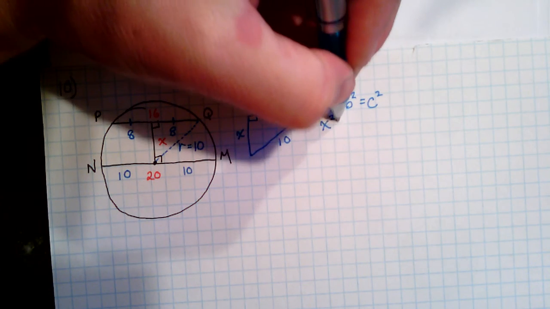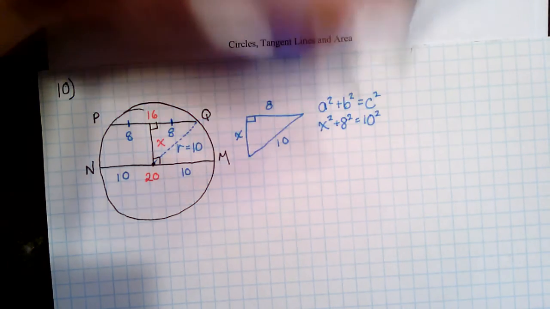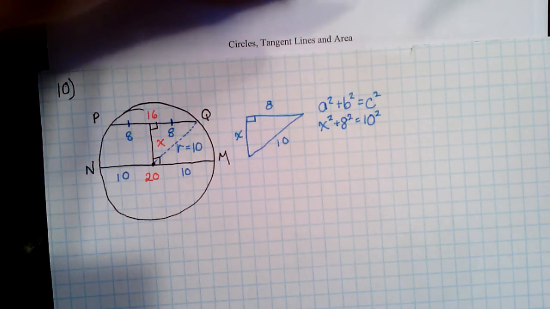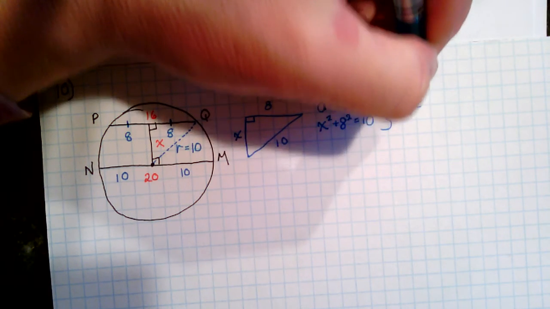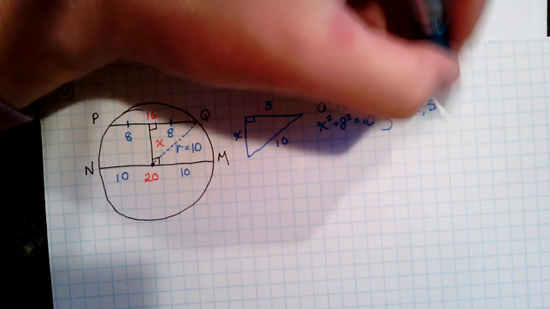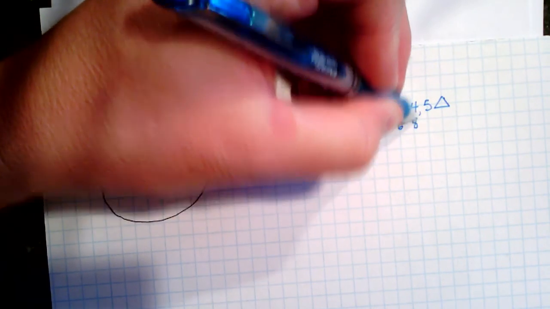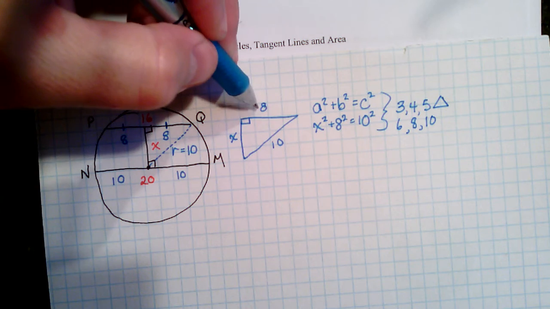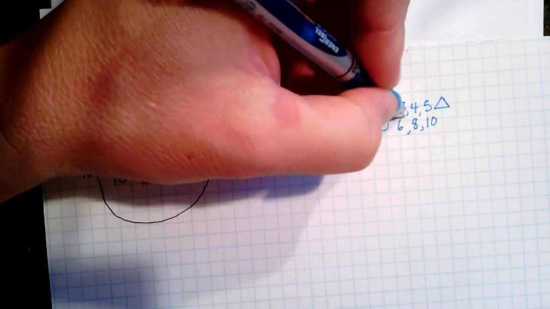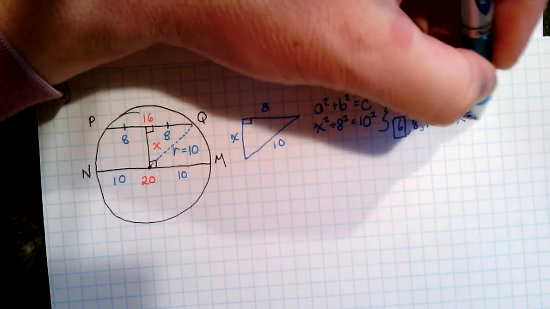Or I can recognize this triangle as one of those special triangles that we've learned. This is actually a 3, 4, 5 triangle, because if you double each side, it's 6, 8, and 10. I have my 8, I have my 10, so that means the missing side for x is 6.